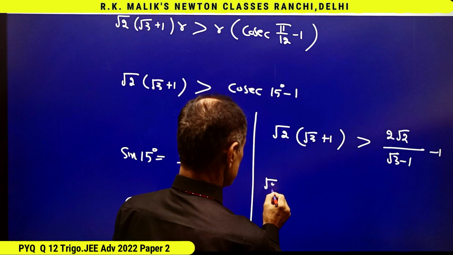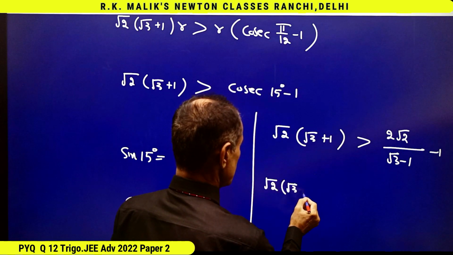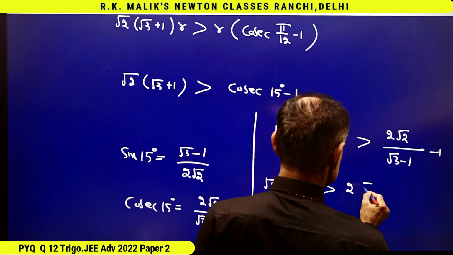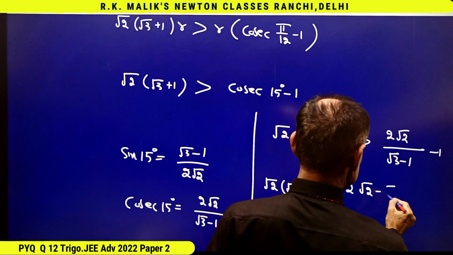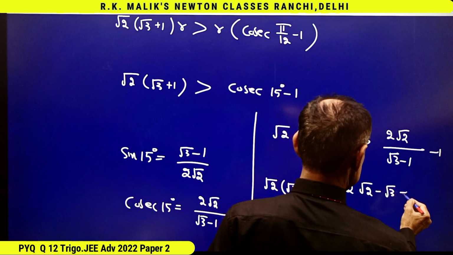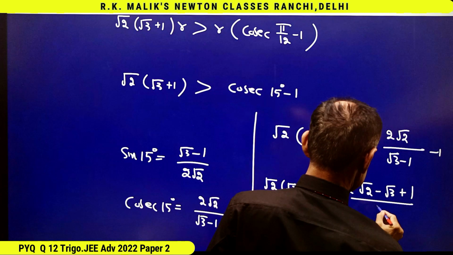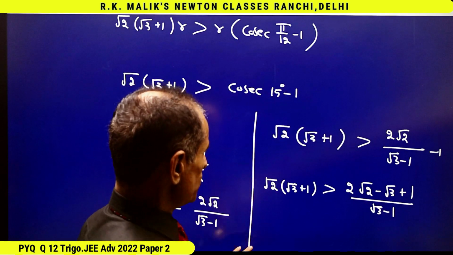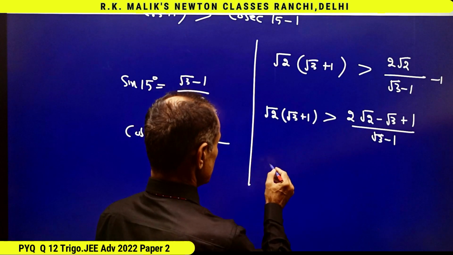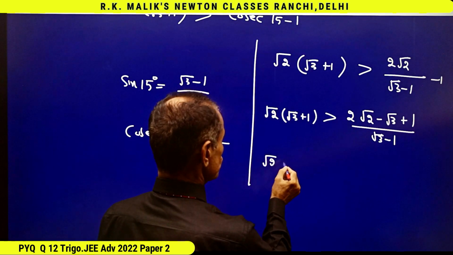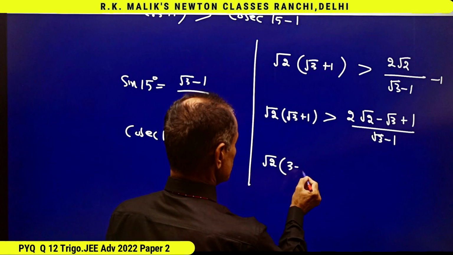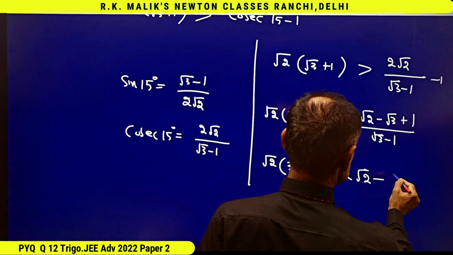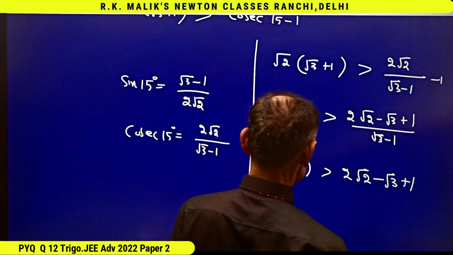That is, root 2 into root 3 plus 1 is greater than 2 root 2 minus root 3 plus 1 upon root 3 minus 1. And this will be true if root 2 into 3 minus 1 is greater than 2 root 2 minus root 3 plus 1.